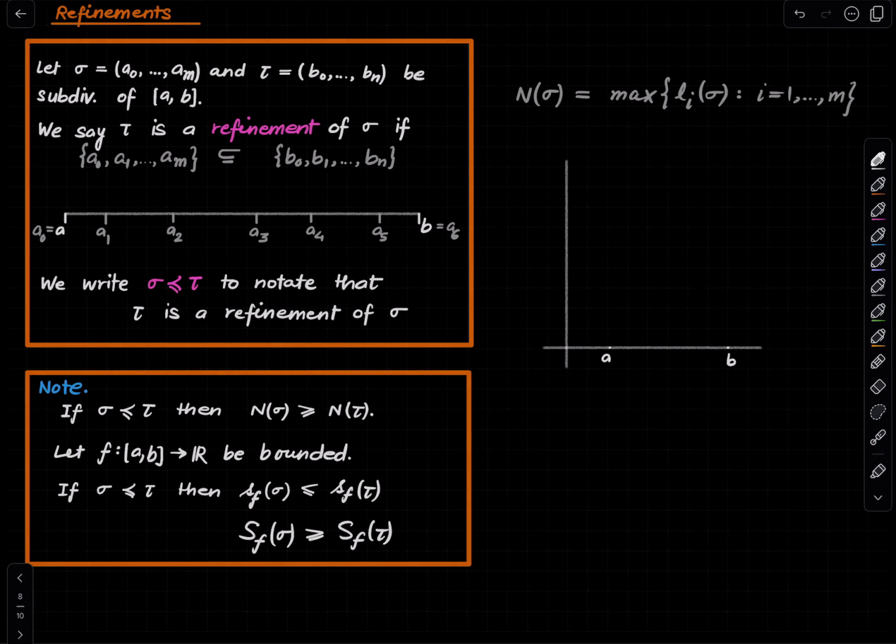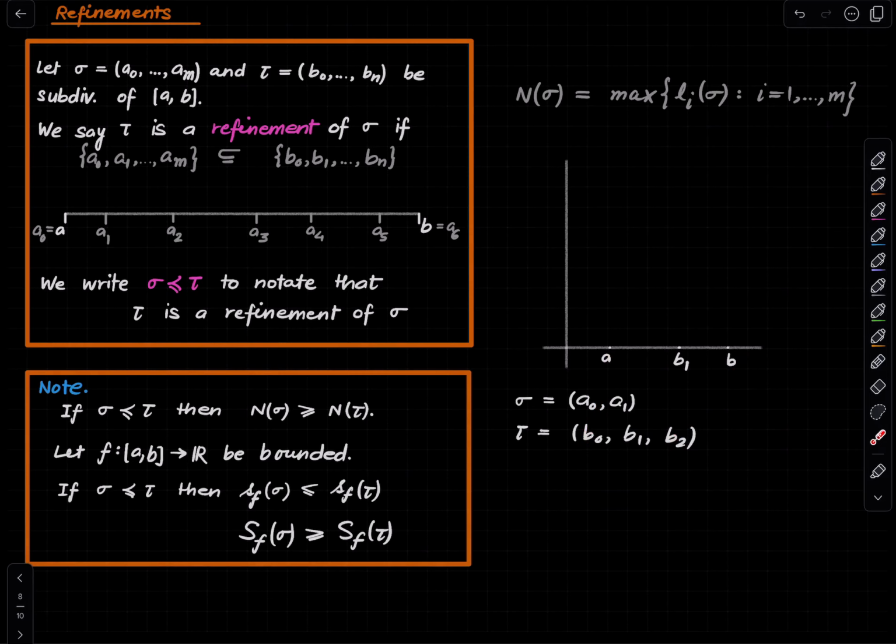That's the interval, and let's say sigma is just the most trivial subdivision where a0 is a and a1 is b, so there is nothing in between. And tau is whatever you like, so it's b0 and then b1 and b2. So b1 is somewhere here. This is b0, that is b2.